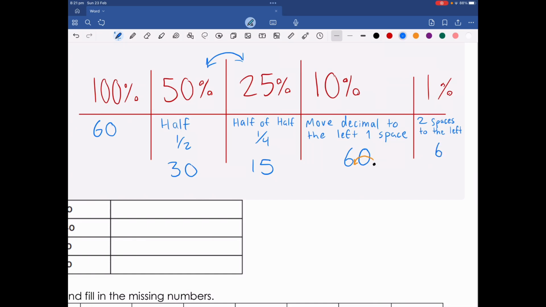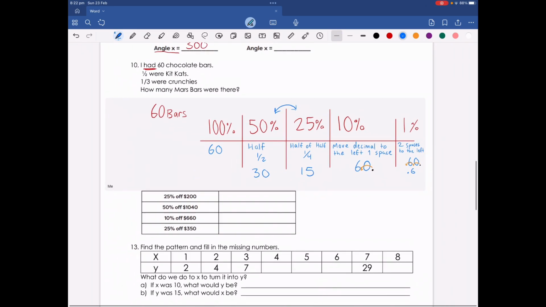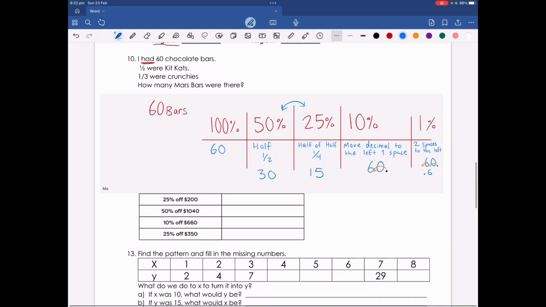For example, if 60 is our number still, 1% of 60 would turn into 0.6. See that? The decimal's in front of the 6. Alright, so that's how we find it. And a third, okay, we'll need to do some more manipulation to get that one.